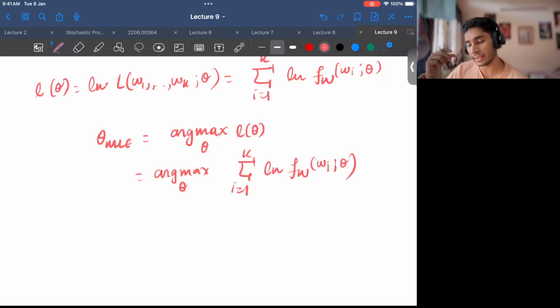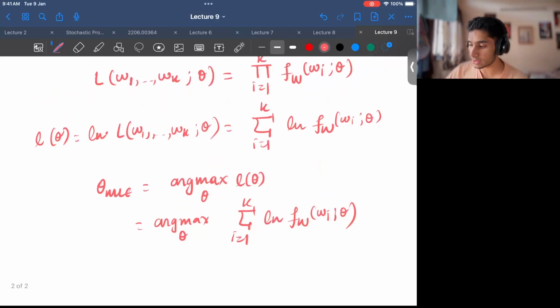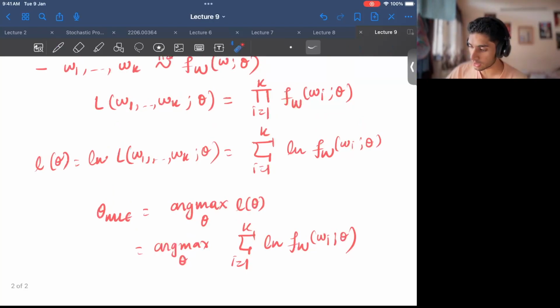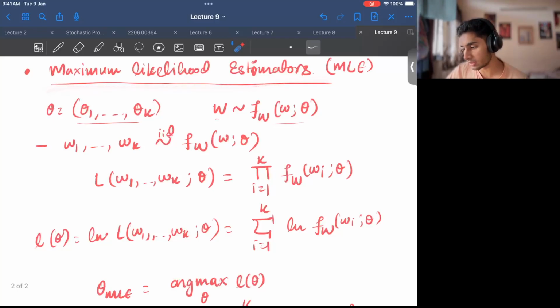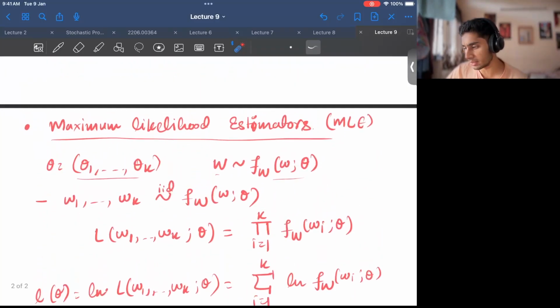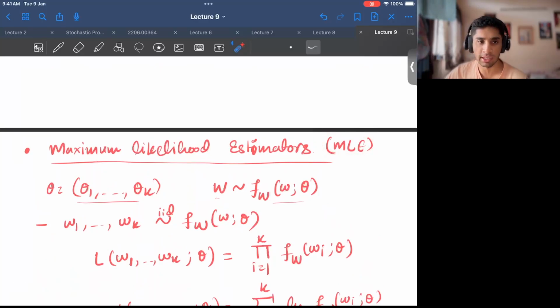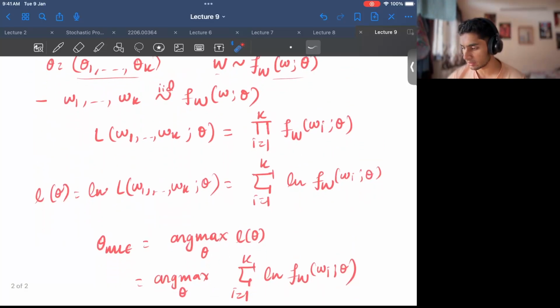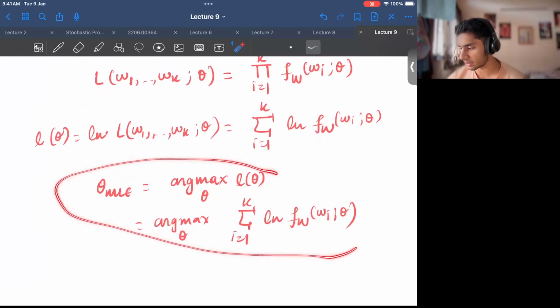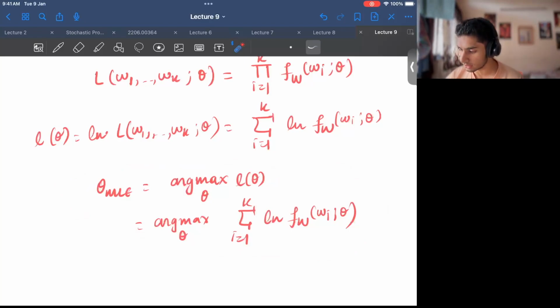Right, so it's like finding the value of theta which maximizes the probability or the likelihood of these samples. That's all. So you can think of adjusting your parameters theta such that these observations are most likely to be seen, right? That is why it's called the maximum likelihood estimator. There is a deeper understanding of MLE from the point of view of KL divergence and all those things, but we won't go into those here. So it's just a simple optimization problem for you. Nothing fancy, simple thing.